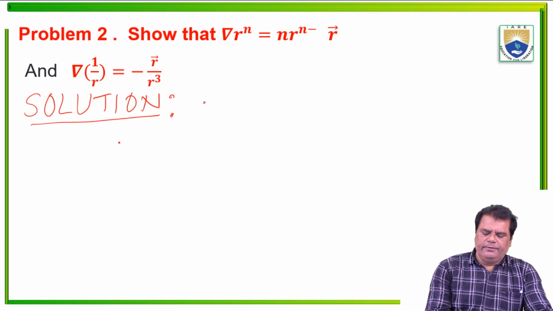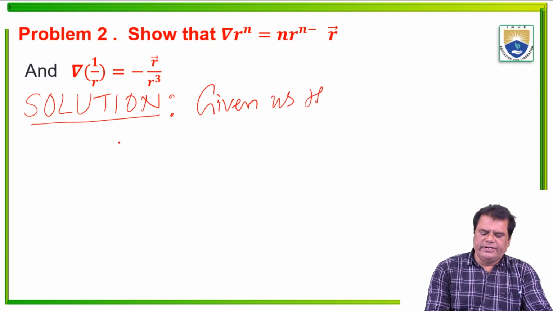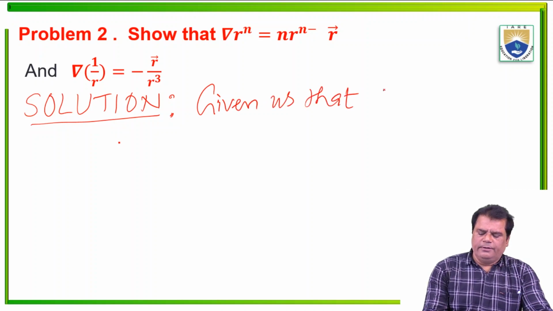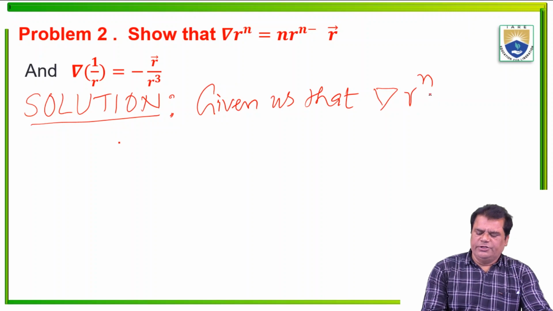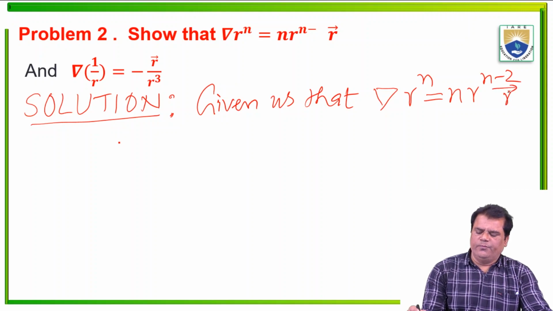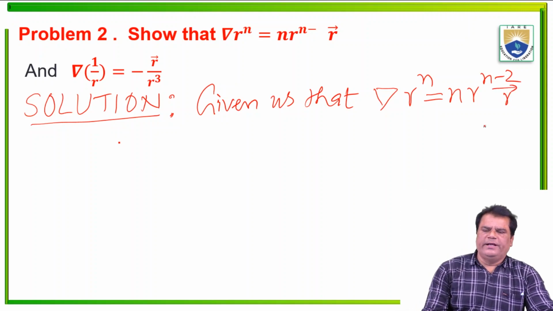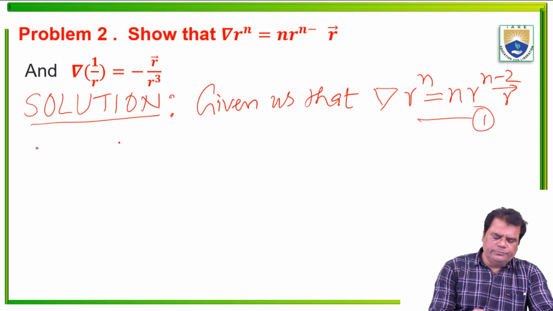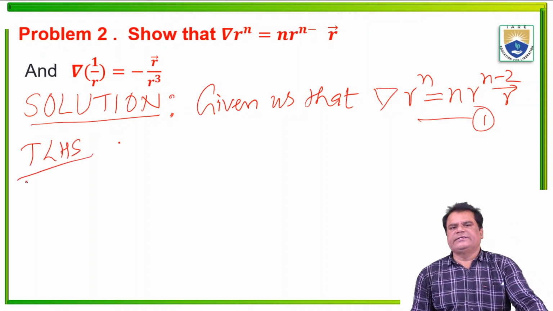Here it is given that nabla of r to the power n, where r is a scalar function, equals n r to the power n minus 2 times vector r. Okay, this is to be proved. We want to prove this equation 2. Now the LHS means taking the left hand side.